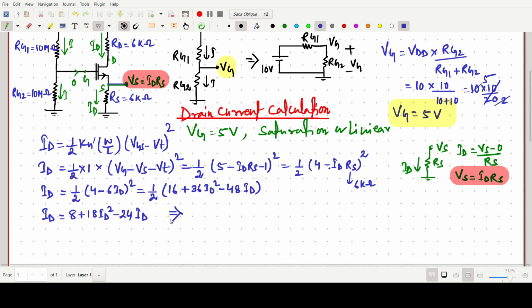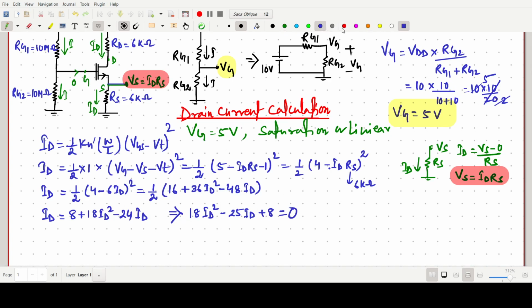Once again I am writing, if we put this on the right hand side, after simplification we can write it as 18 ID square minus 25 ID plus 8 equals to 0. So this one is the drain equation in quadratic form. So we can easily find the value of ID.